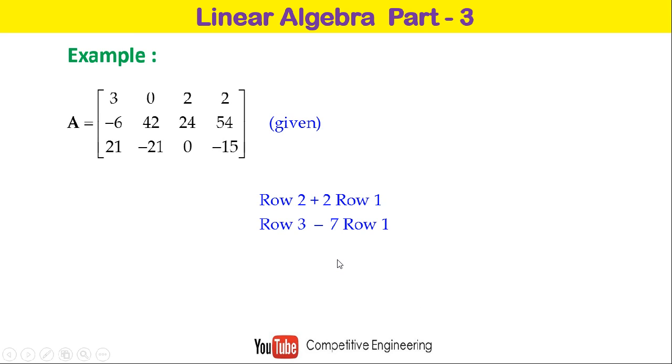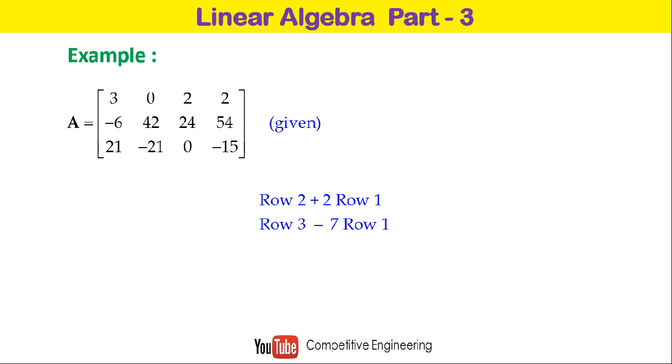Okay. So for that I want to convert this minus 6 into 0. What I can do is, minus 6 plus 6 is equal to 0, so I will do R2 equals row 2 plus 2 times row 1, which means all the terms in the second row plus 2 times the first row.